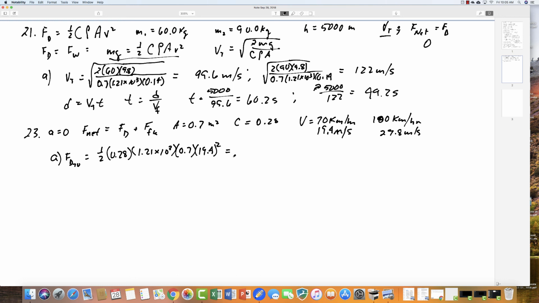And if you do all this calculation, the drag force is going to equal 44.6 newtons.